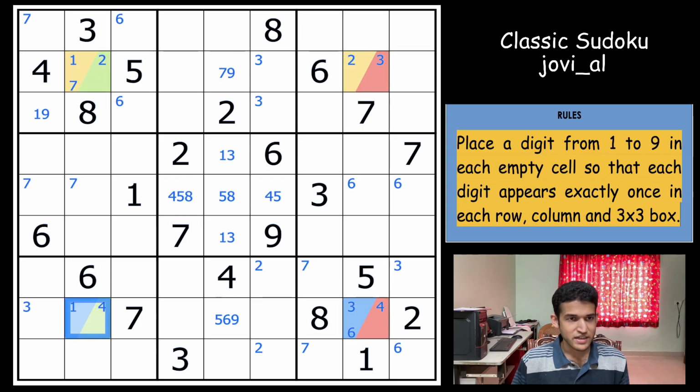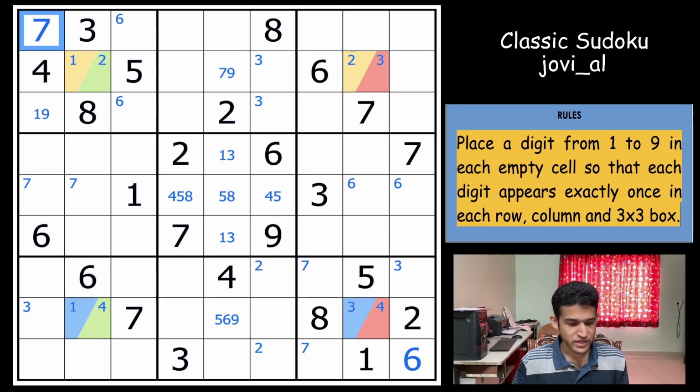That is a really beautiful deduction, because I can eliminate the 6 from here now. This is not a 6, so 6 goes here, and any other cell. So this is not a 7, so 7 goes here, and I have marked a 1 here.